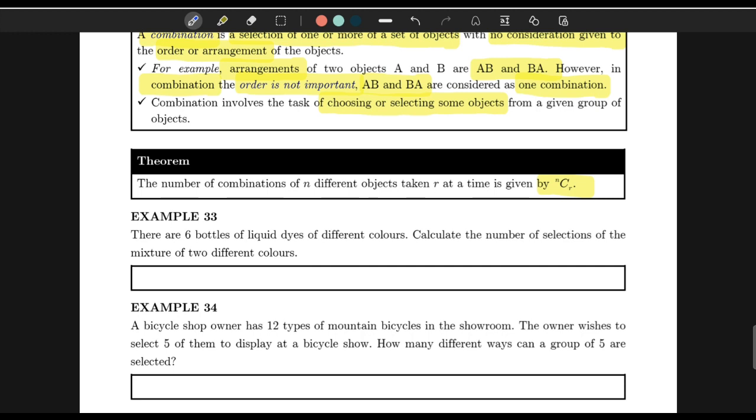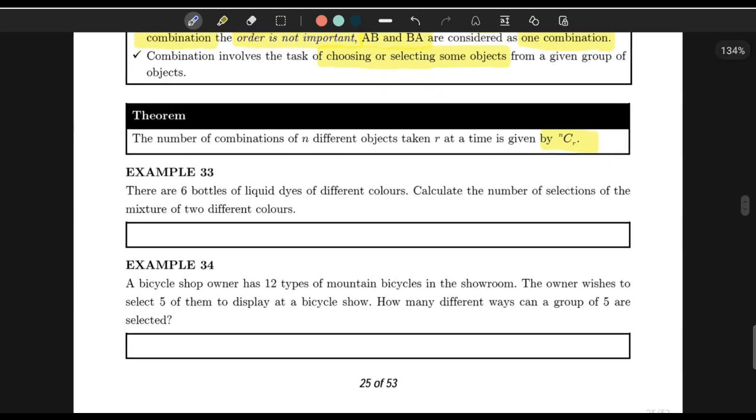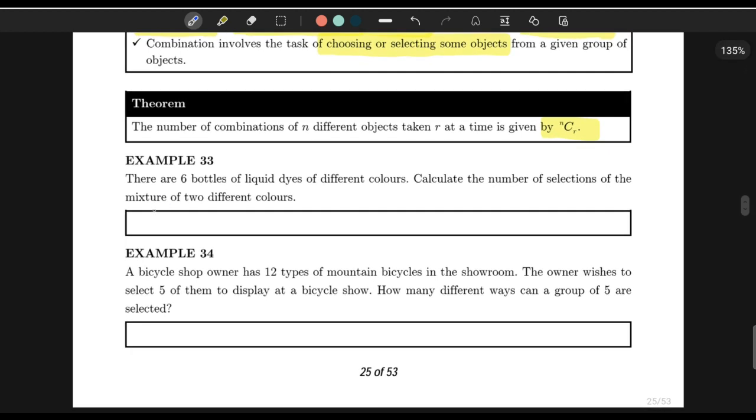So what is the answer, class? Okay, so the solution is 6C2, which is 15 ways to select 2 different colors.